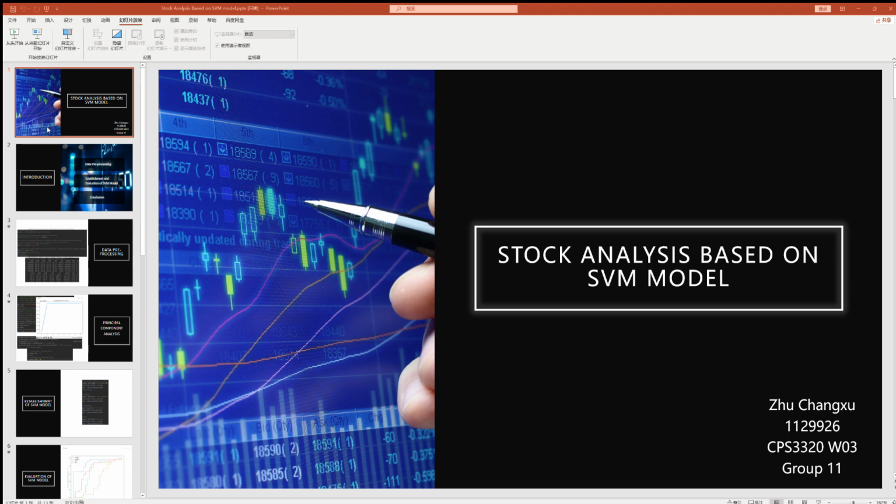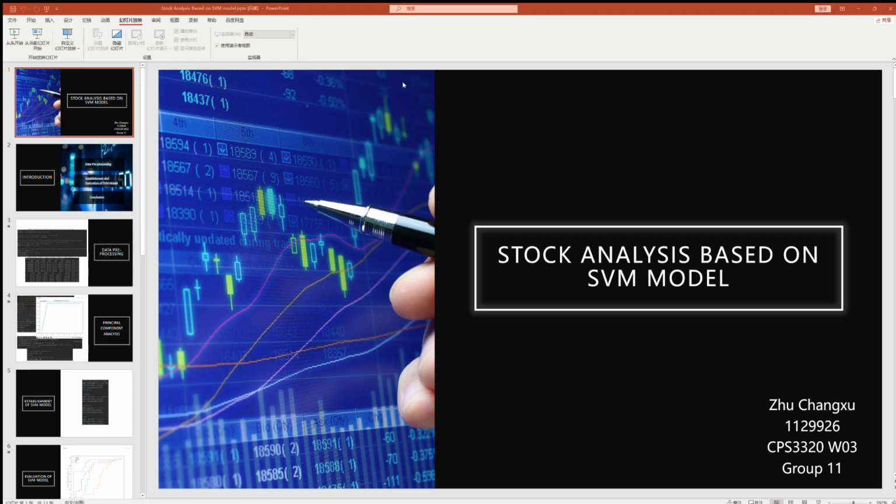Here, date represents the date. Open is the opening price of the day. High is the highest price of the day, and low is the lowest price of the day. Volume is the number of shares traded on the day.